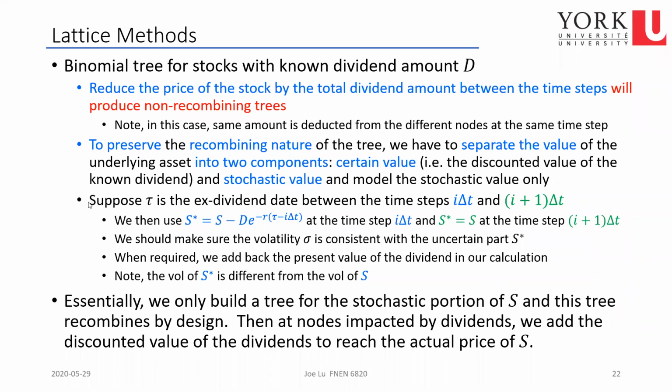So in this case, essentially we're looking at a process for S star, which is whatever the actual S minus the present value of the known dividends. And essentially, we're building a tree for S star, and the stochastic movements or everything is related to this S star rather than the original S. Let's see how that is handled.